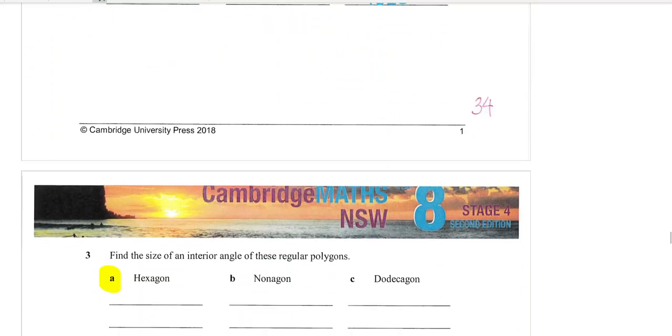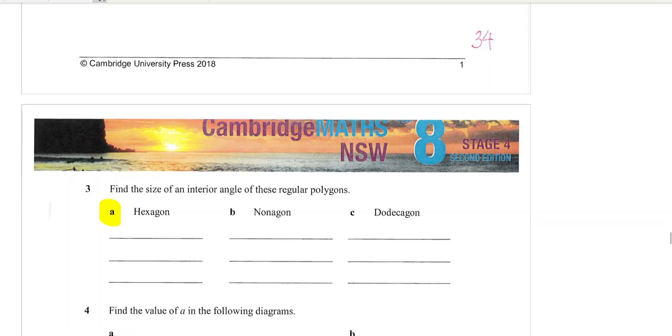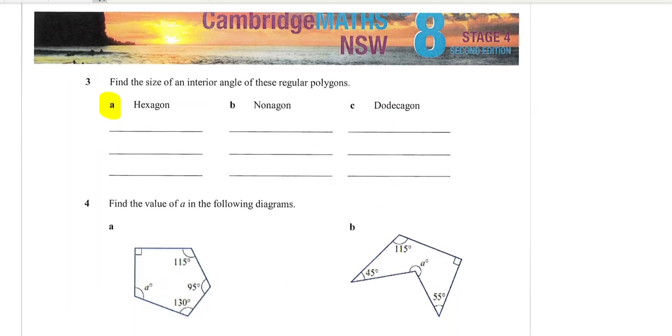What else do we have? Okay, question 3. Find the size of an interior angle in a regular polygon. Now, we just did the total of all of the angles. I just want one angle. Because it is a regular polygon, it means that all the angles inside are the same.